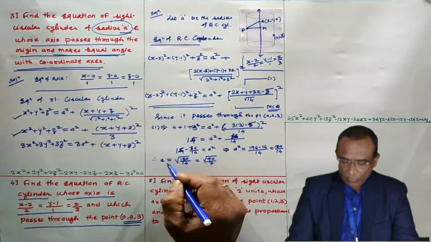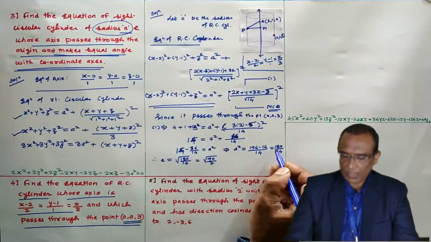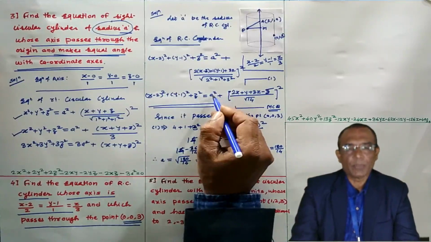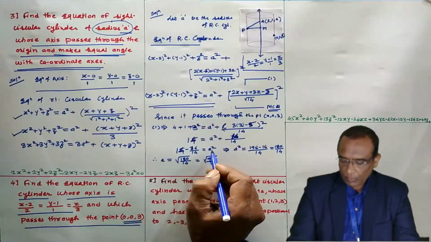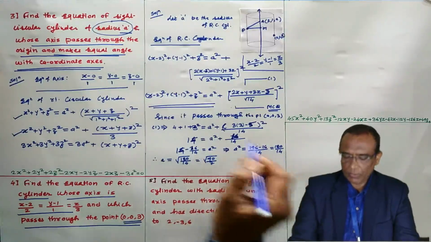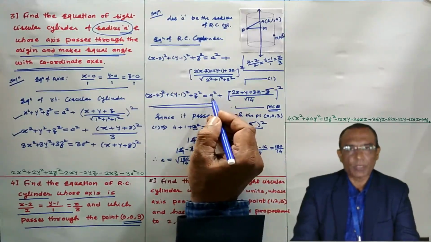Now putting the value of a square here, that will be the equation of the right circular cylinder. I repeat, putting the value of a square, 180 by 14, that will be the equation of the right circular cylinder.